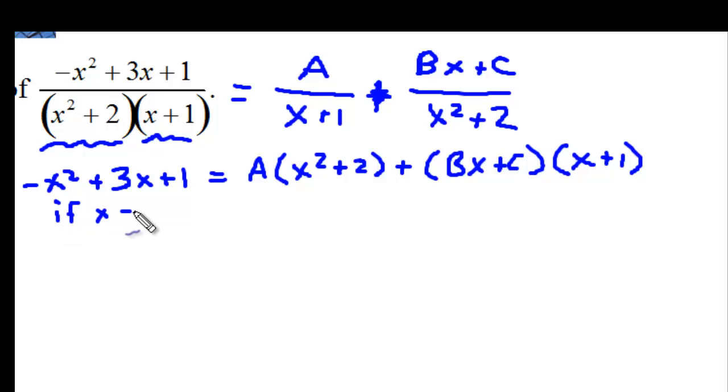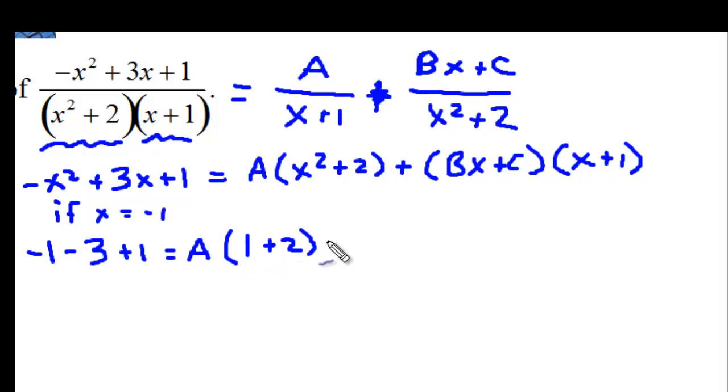So if x is -1, then we have -1 squared, which is +1, and then a negative of that. So it's -1 minus 3 plus 1 is equal to a times -1 squared, which is 1 plus 2, and the x plus 1 makes this 0, so this entire term is gone. So over here we've got -4 plus 1 is -3 equals 3a, so a is equal to -1.